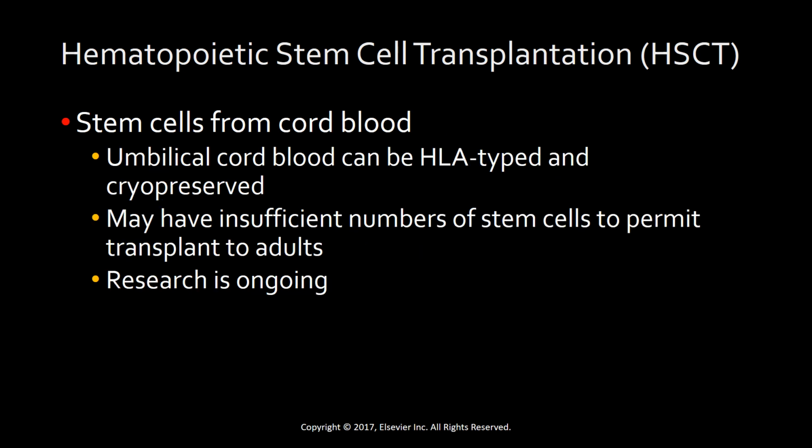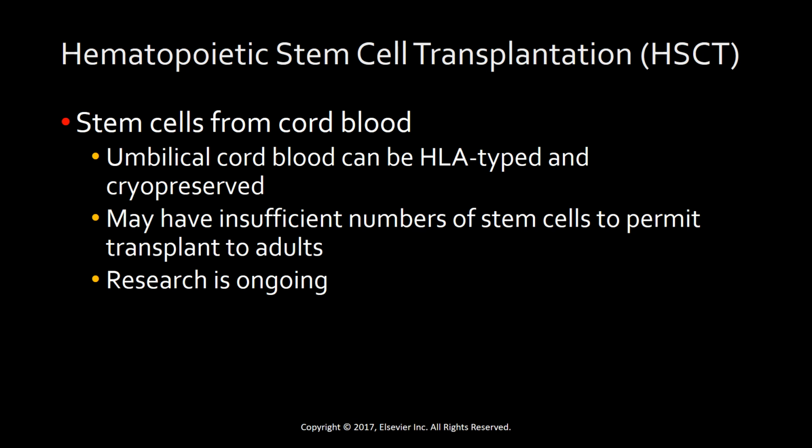Umbilical cord blood is rich in hematopoietic stem cells. Successful allogenic transplants have been done using this source. Cord blood can be HLA typed, which is human leukocyte antigen typed, and cryopreserved.